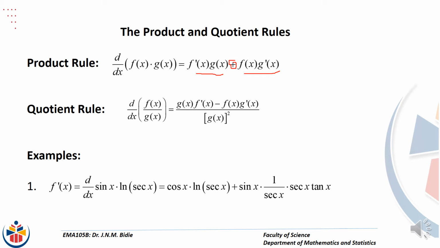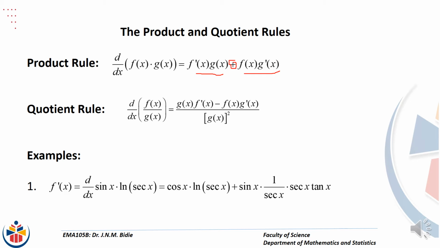All of this is divided by the denominator squared. First things first, denominator up times the derivative of the numerator minus the numerator times the derivative of the denominator, divided by the denominator squared.